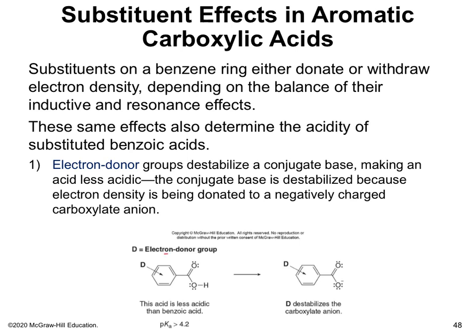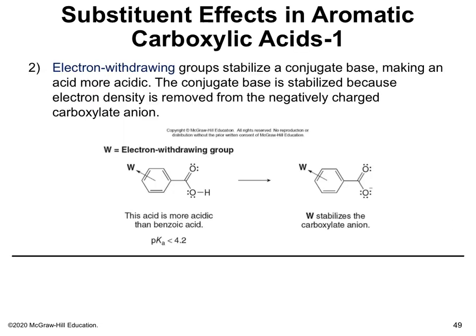Okay, and this is showing you more. You can have electron donating groups versus electron withdrawing groups. If you have the negative charge, an electron donating group is going to destabilize the conjugate base, because it's pushing electrons towards it, which is making that more negative. Electron withdrawing groups will stabilize the negative charge.